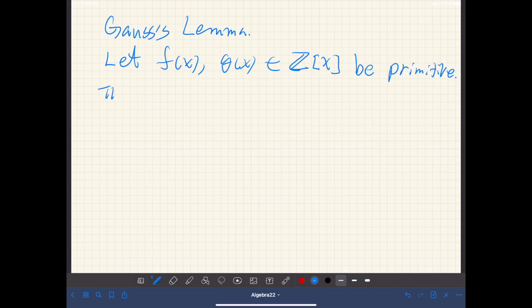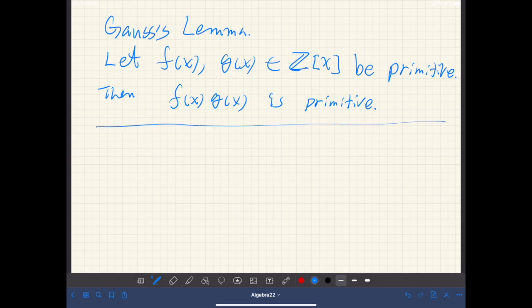Then the product f of x times g of x is also primitive. We prove this lemma by contradiction.